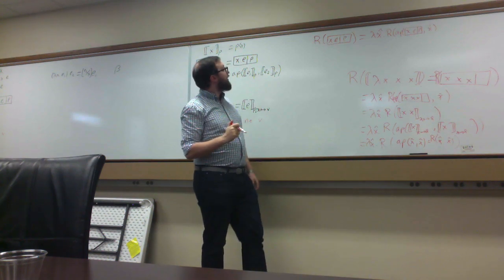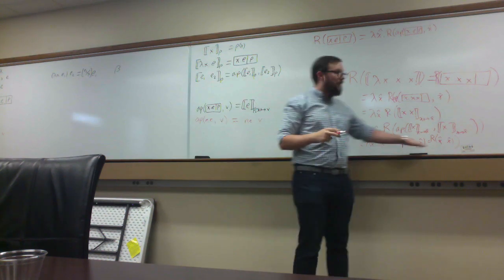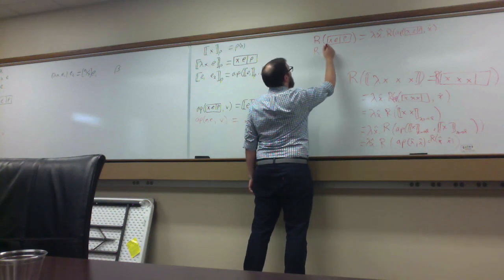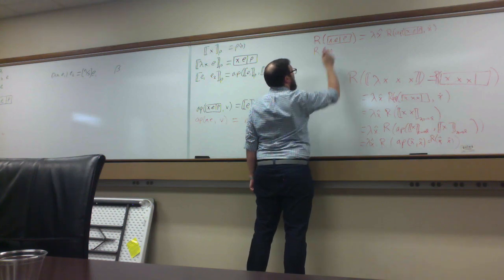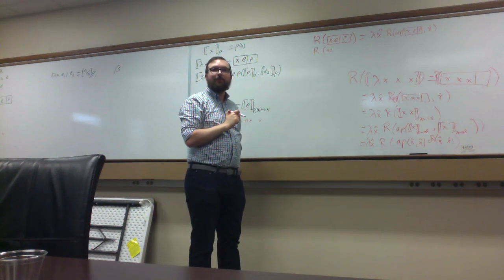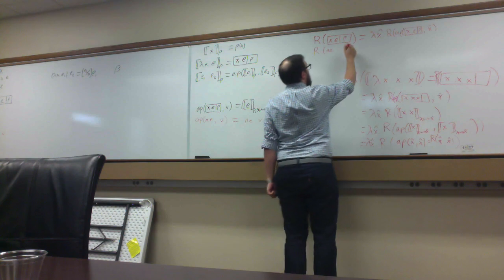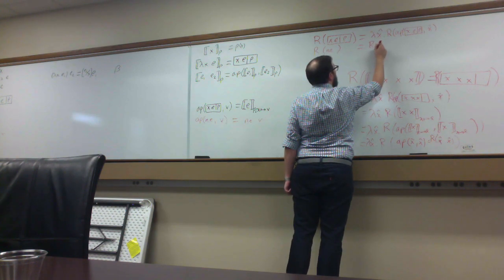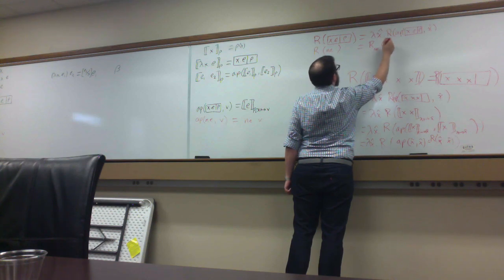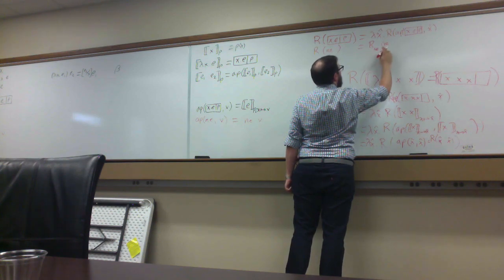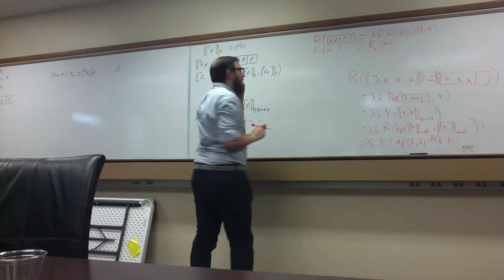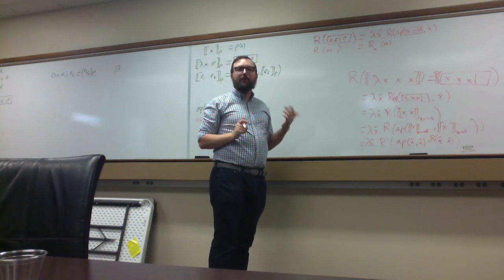So this clearly demonstrates that we need one more thing in readback, which is what do we do in case we get NE? And I'm going to call a helper, which I'm going to call R sub NE of NE. I'll just call it R sub N. That'll be good. So, how do we read back a neutral expression?